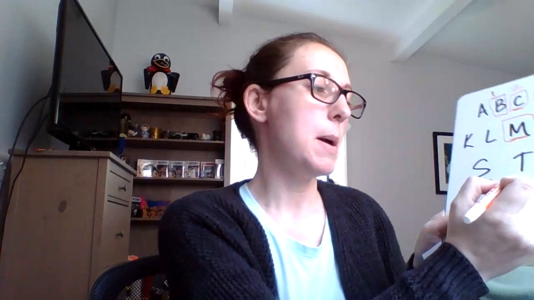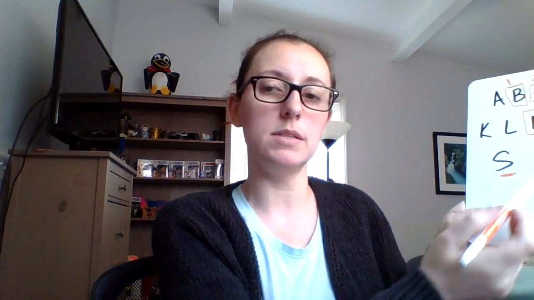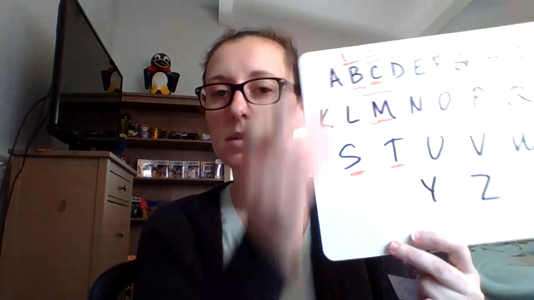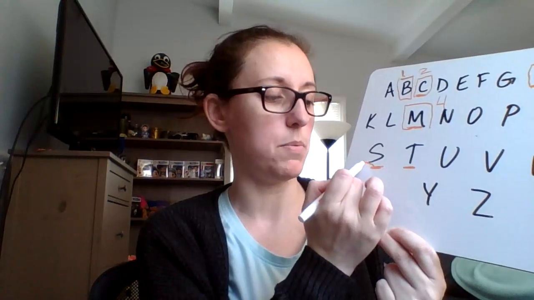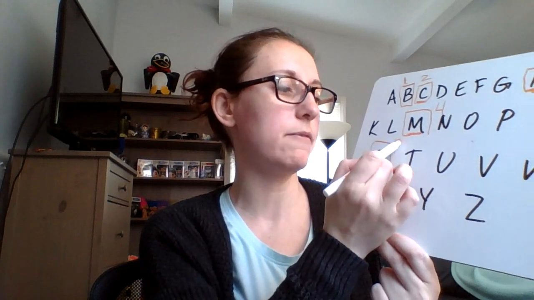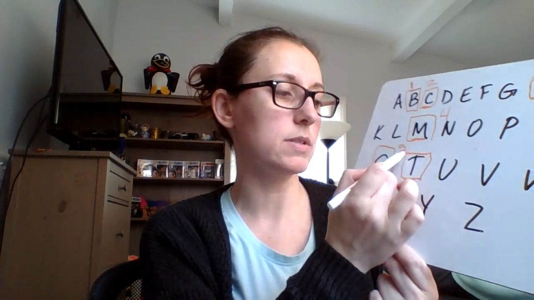So then we have top at the bottom, so we don't really have to look at the T, but we're left with S and T, and S comes next. So I'm going to put S as number 5 and T as number 6.